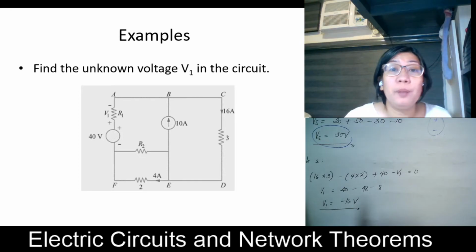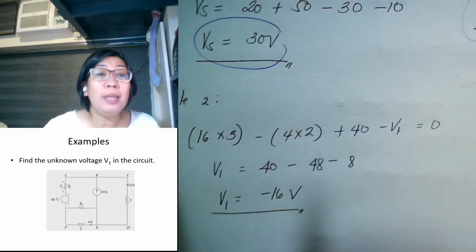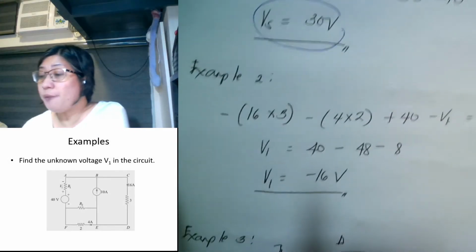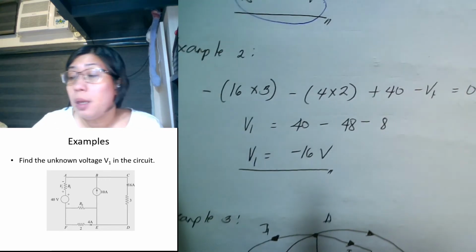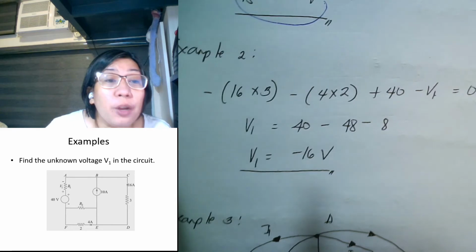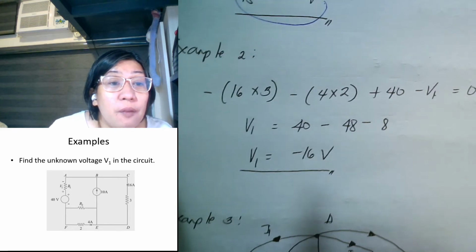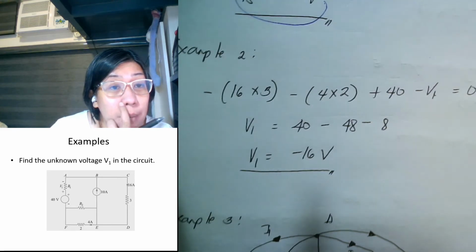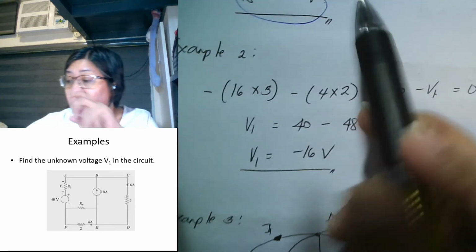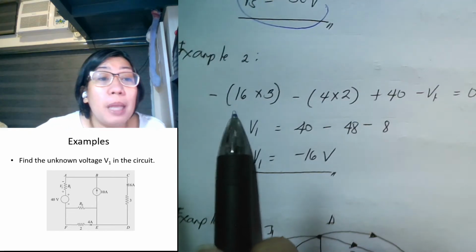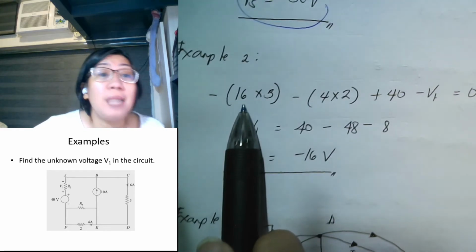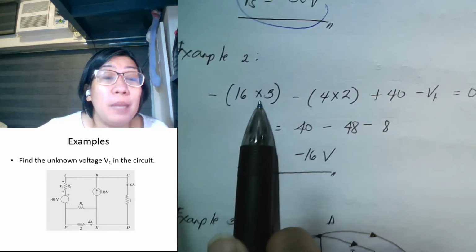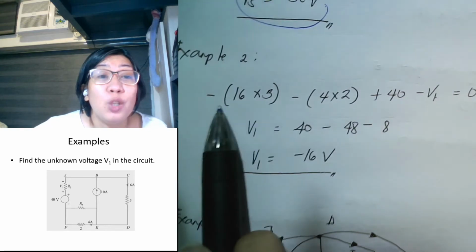All you have to do is to move at the outside loop. By doing that, for example number 2, when current enters here, this becomes positive, and when it leaves here, this becomes negative. So we have there negative multiplied by the drop and the current, 16 amperes multiplied by the 3 ohm resistor.